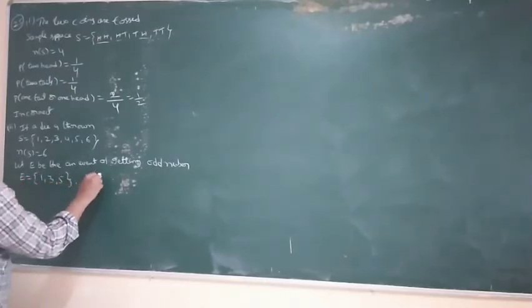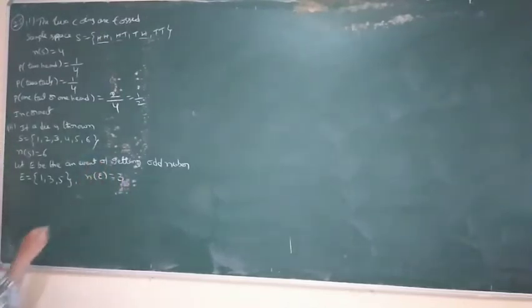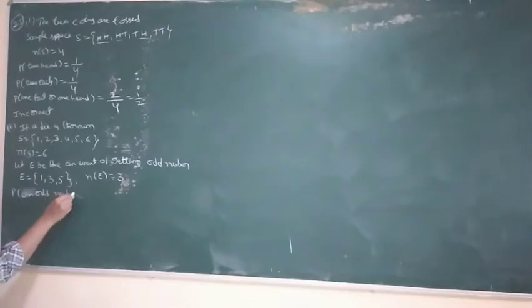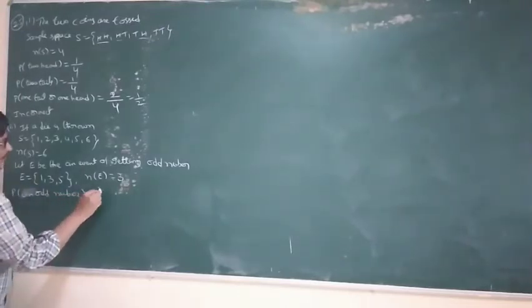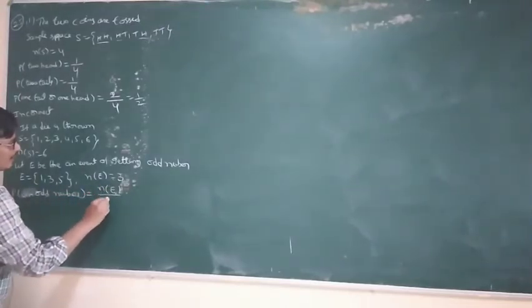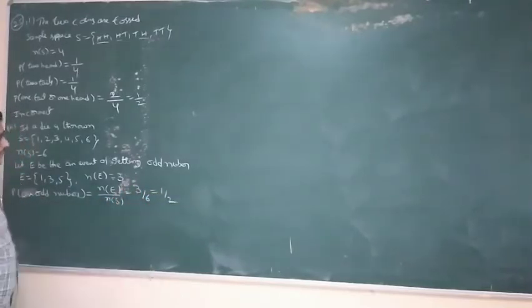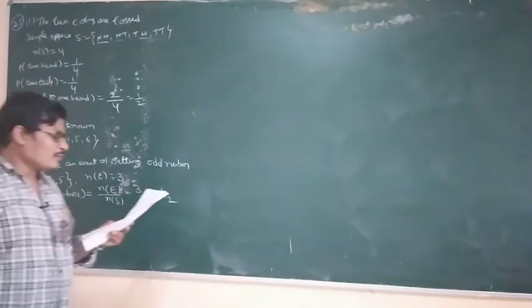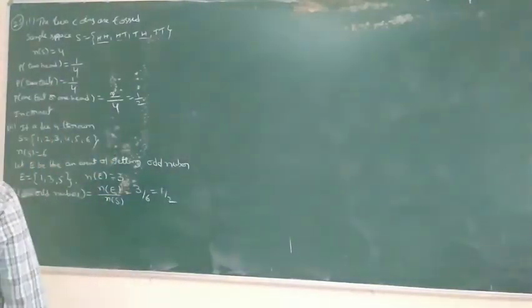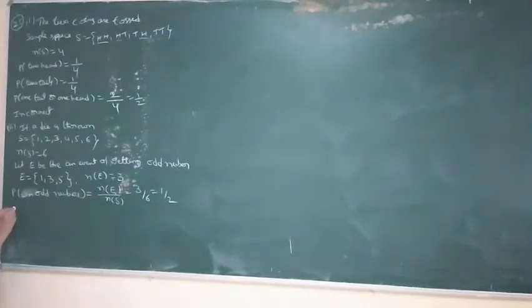So N of E is equal to 3. Probability of E is N of E by N of S, that is 3 by 6, equal to 1 by 2. So the probability of getting an odd number is 1 by 2. This is a correct statement.